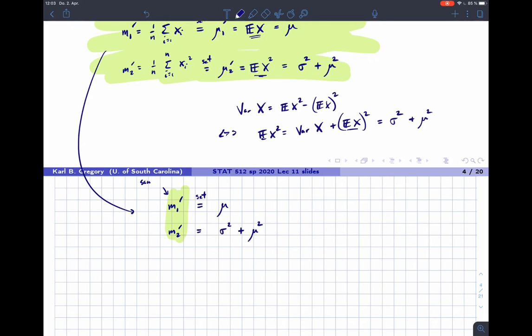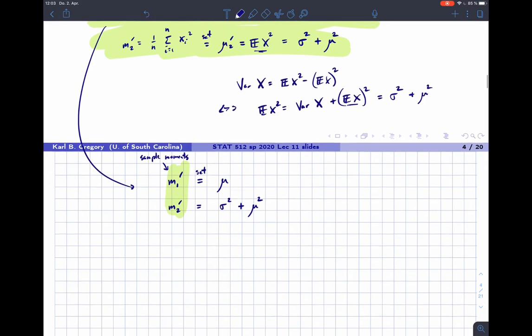So remember, these are the sample moments, which means I can compute them from the data. So now I have two equations and two unknowns, and I'm just going to solve for the unknowns. That is, I want to write mu equals something and sigma squared equals something, where over here I have only sample moments.